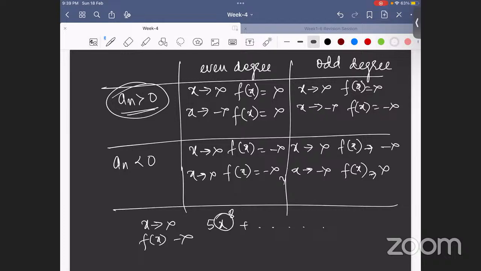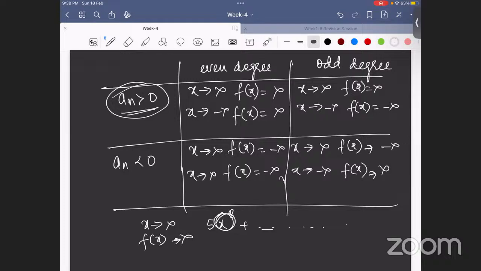This is the highest degree. The f(x) will also tend to infinite because the highest degree has a positive coefficient. You don't have to worry about the coefficients of the other degrees of the x variable. Is it clear? It's clear, sir.